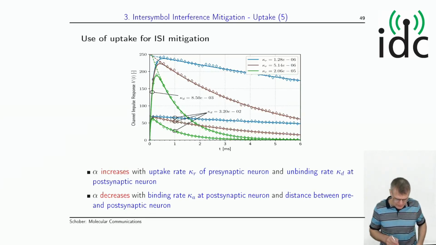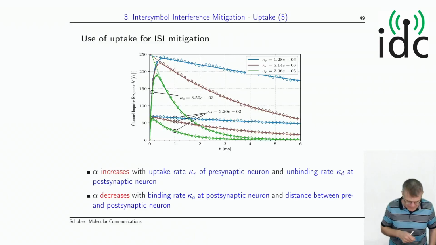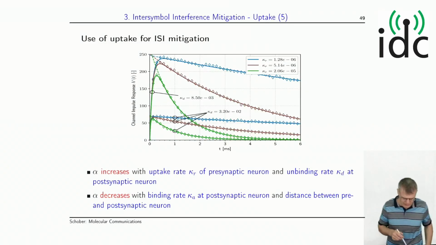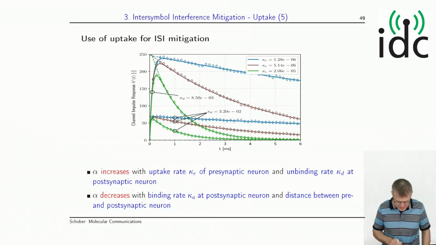In general, what we found analytically was that this alpha, right? So this tells us how fast the impulse response decreases. This alpha increases with the uptake rate, kappa r, of the presynaptic neuron and the unbinding rate of the postsynaptic neuron, right? And of course, a larger alpha means a faster decrease of the impulse response. And alpha decreases with the binding rate at the postsynaptic neuron, right?